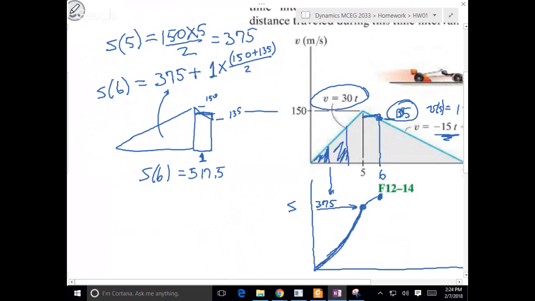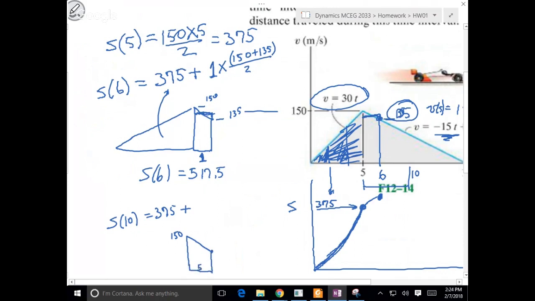And so then you could say S at 10. What's S at 10? Well, it's the 375 from the area back here already, plus this time 5 seconds over to 10. And so the triangle you're looking at there starts at a height of 150 and declines down to some value.